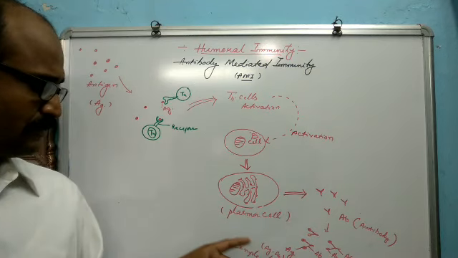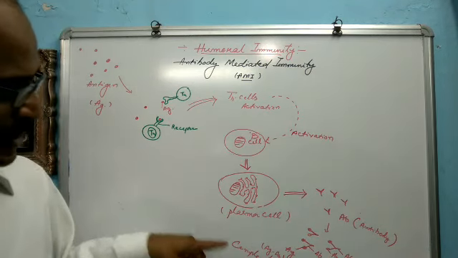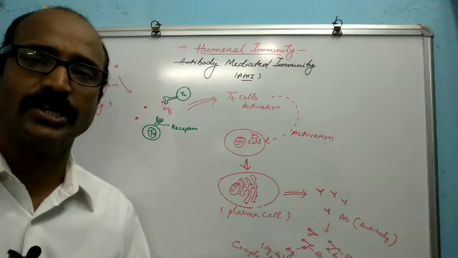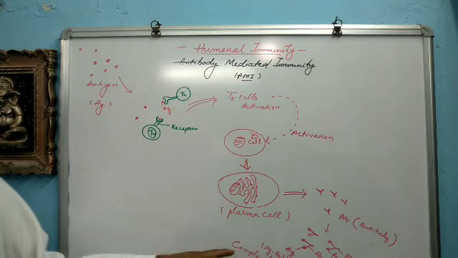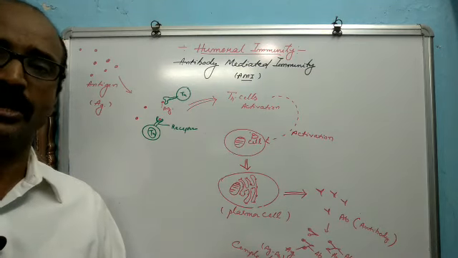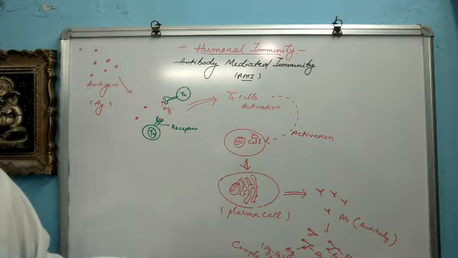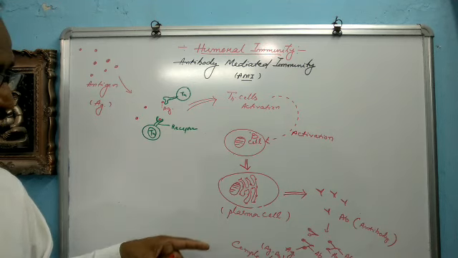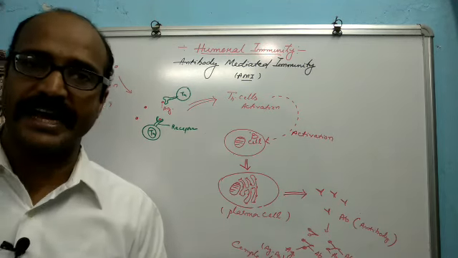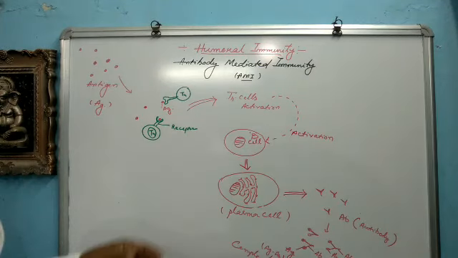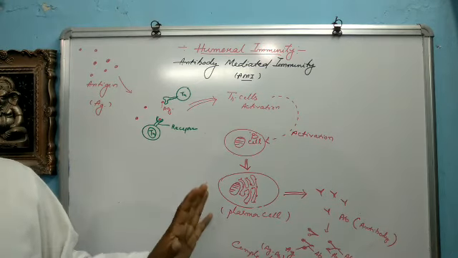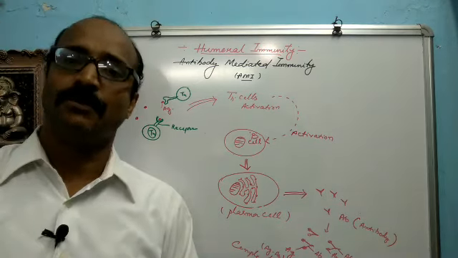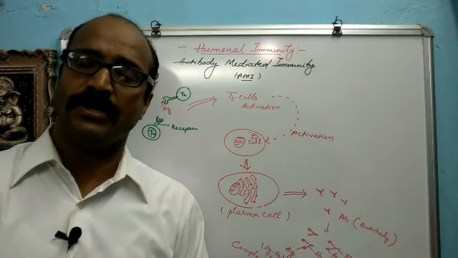By the formation of such complexes, they are engulfed by other phagocytic cells or macrophages, and they digest such antigen antibody complexes, or the antigens become inactive by the binding of antibody. So in this process, antibody can remove the antigen from our body. So I hope you understand better.